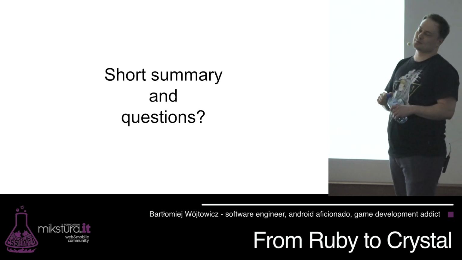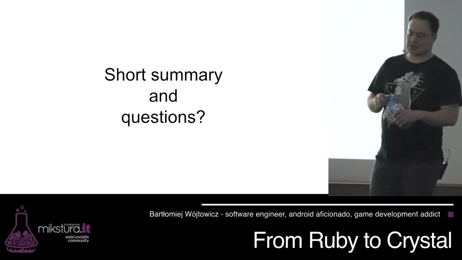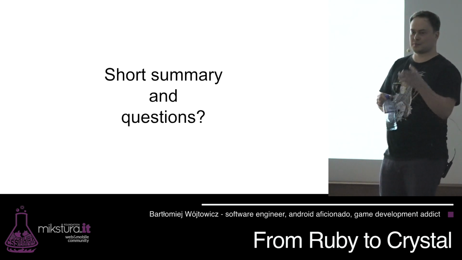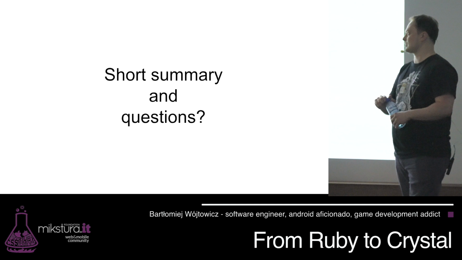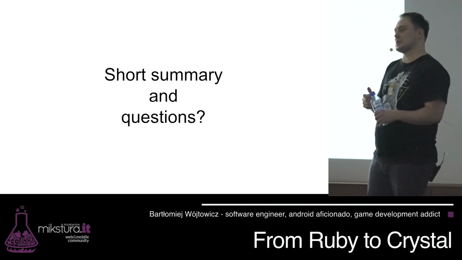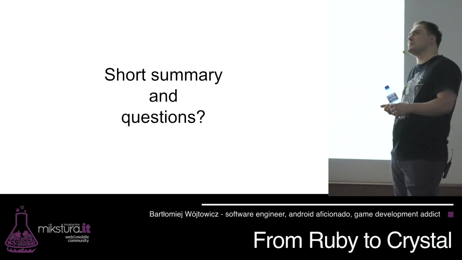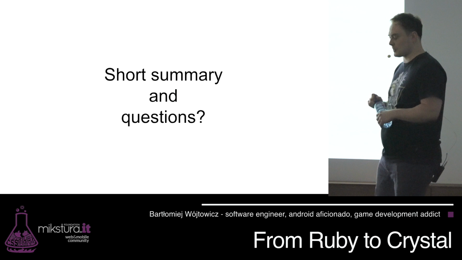But Crystal is very mature. So, for example, we were talking with Tom before the presentation. I already told this, but concurrency in Crystal is one of the problems, and maybe why it's not popular yet.